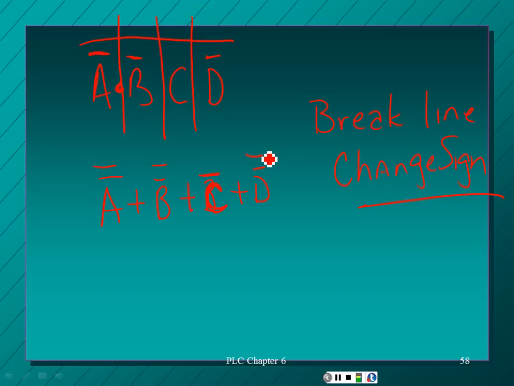So what we've got here is not A. Two negatives make A. B is what? No, it's a not B. So that makes it a B. C only has one line over it. Makes it a not C. Yes. And then I got a not D, so that makes it a D.